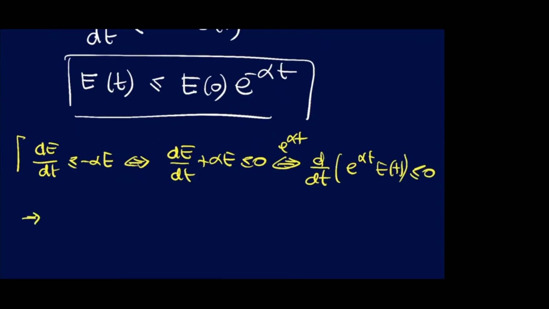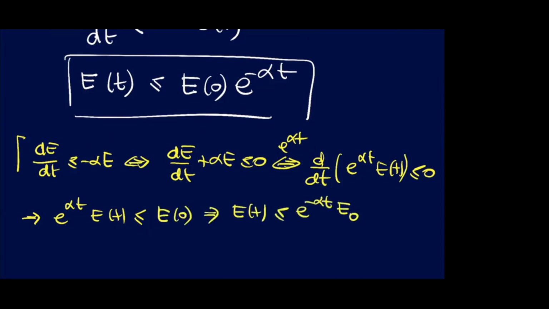This means that exponential alpha t times E(t) is less than the value at t equals 0, but at t equals 0, exponential alpha 0 is 1, and this is E(0). And this implies that E(t) is less than E(0) times exponential minus alpha t. This is the proof. It's very simple.